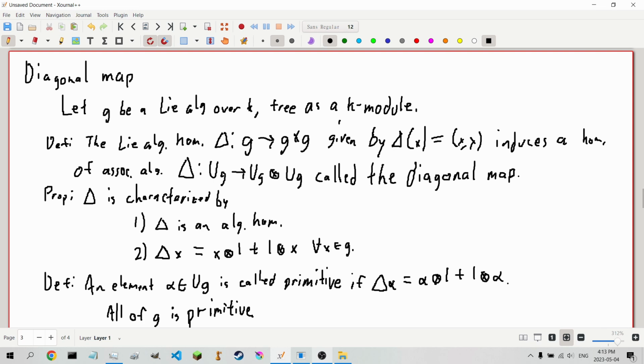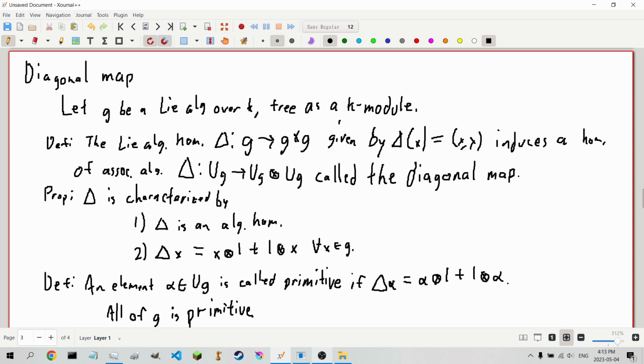An element alpha in the universal algebra of G is called primitive. Sorry, I'm holding the pen farther back because it should help with my hand with writing for so long, but I'm not used to writing like this.